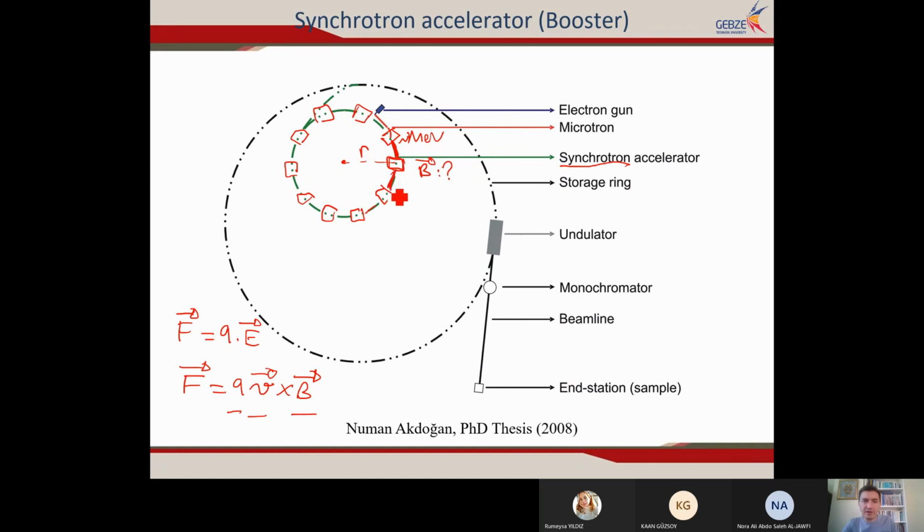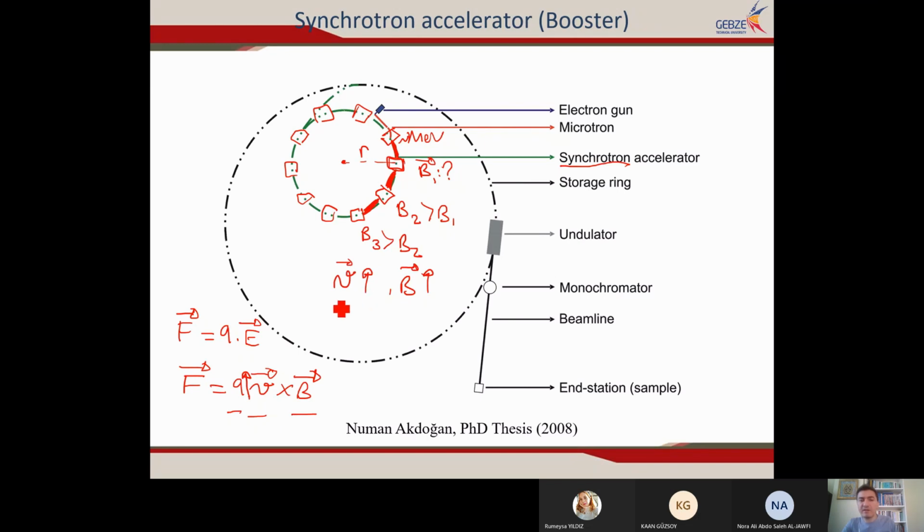So here, if you further increase the energy of the electron between two magnets, the magnetic field here must be bigger than the magnetic field in the first case, because the velocity is increased. Then in order to keep the electron in the circular orbit, you have to increase the magnetic field also. Here you further increase the energy of the electron beam, and then you have to increase the magnetic field here, okay, in order to keep the electron in this circular orbit. So if you increase the velocity, you also have to increase the magnitude of the magnetic field.